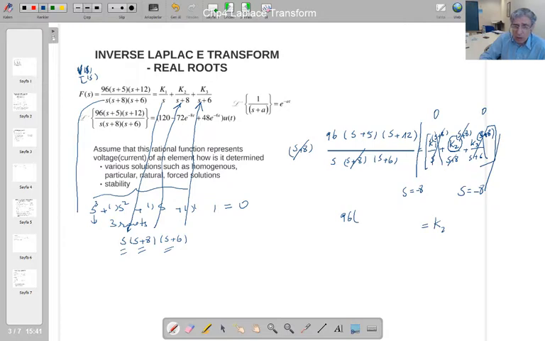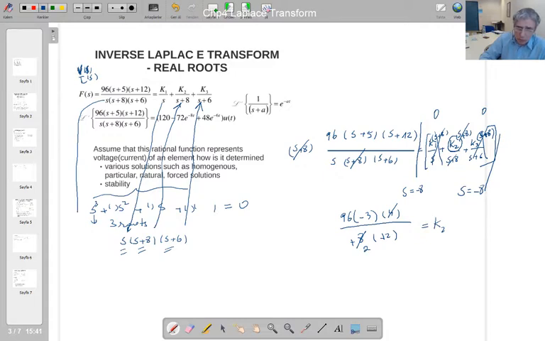Minus 8 plus 5 gives you minus 3. Minus 8 plus 12 gives you plus 4 over minus 8. Minus 8 plus 6 gives you minus 2. So this disappears, this becomes 2, so this minus minus becomes plus 96 over 4.